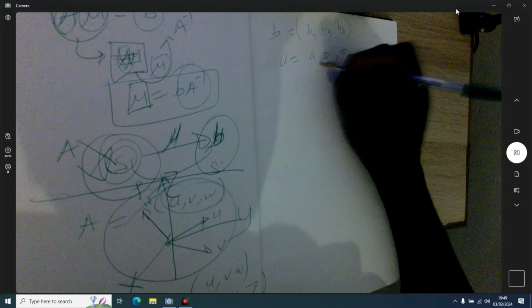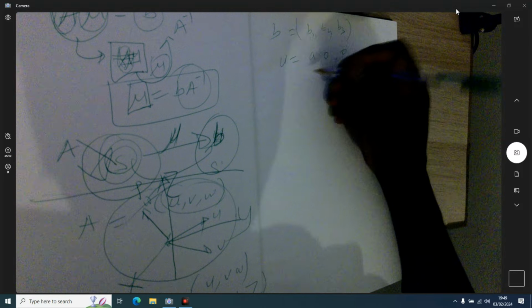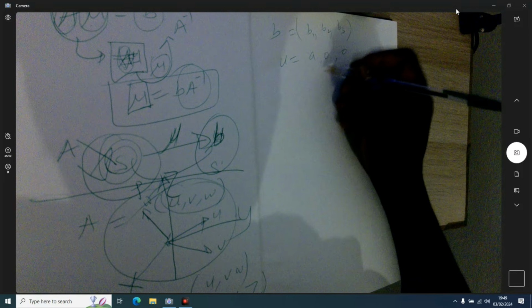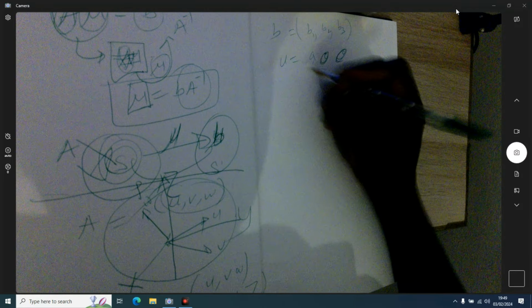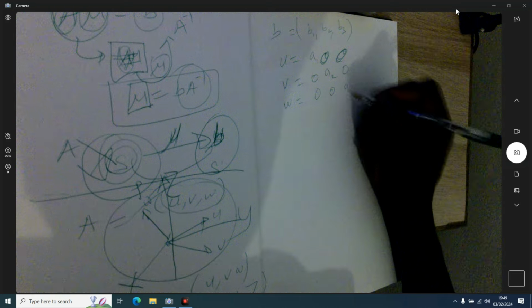I'm not going to use commas here because I'm now quantifying them. And then the problem existing in the direction of V is 0, let's say A2, 0. And the problem existing in the direction of W is 0, 0, A3.